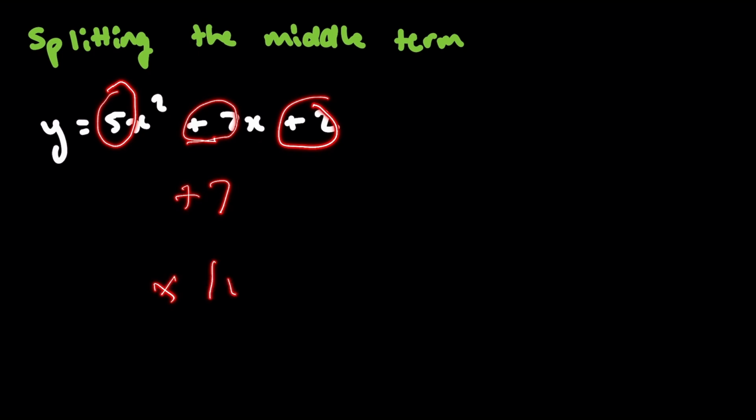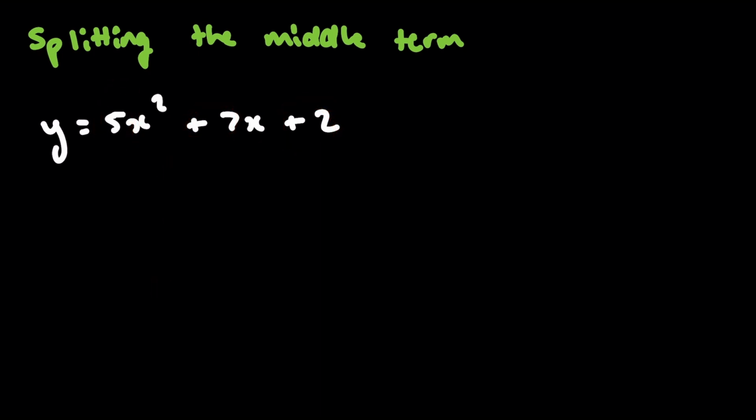So I want two numbers that multiply to 10, but add to 7. Let's find two numbers that do. The numbers that I'm going to use are the factors of 10. So the factors of 10 would be 1, 2, 5, and 10, as well as the negative values.